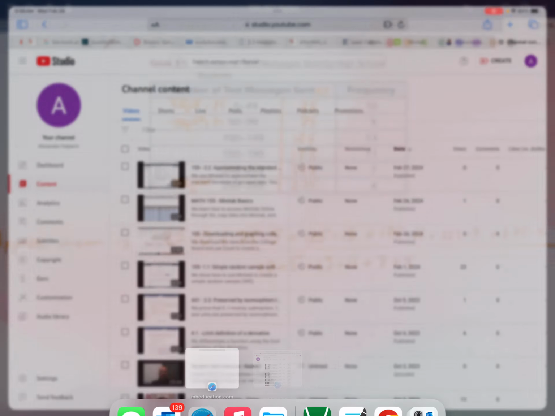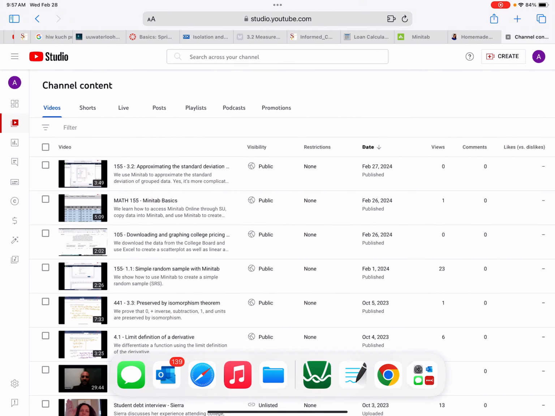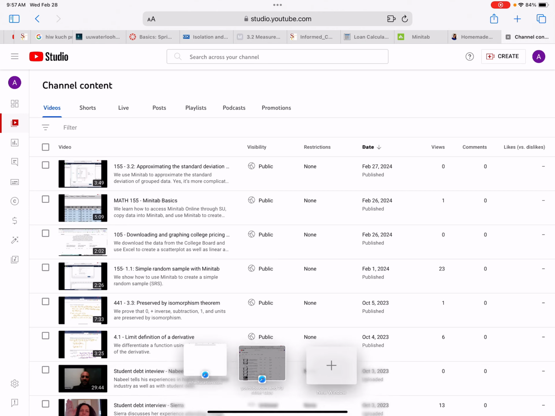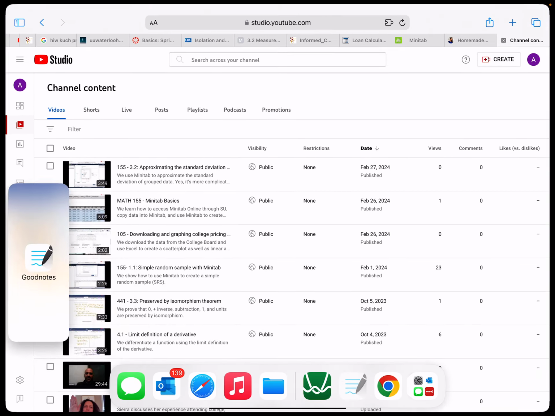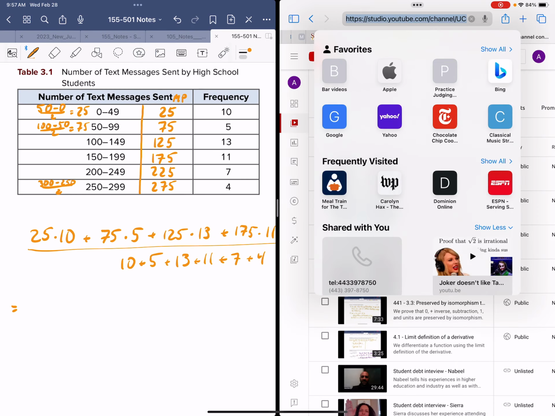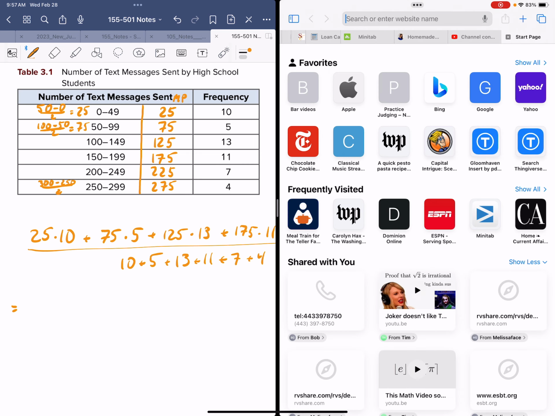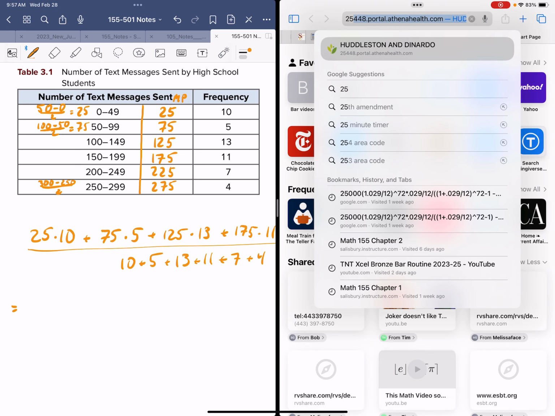So if we go ahead and do a calculator on the side right here, we have 25 times 10.